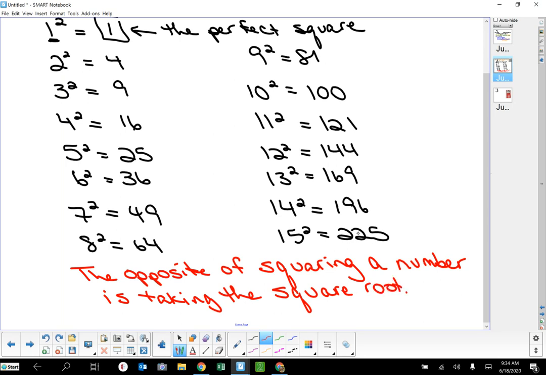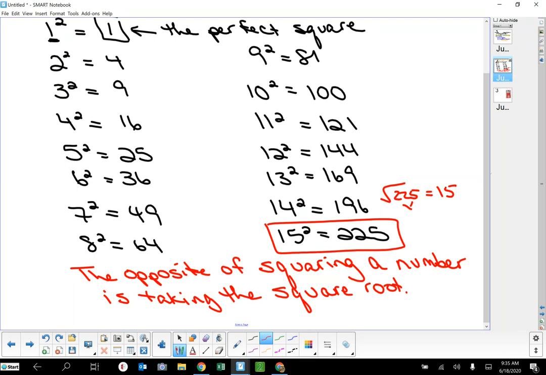Okay, so if we get 225, the square root of 225 is 15, right? Because it means what times itself equals 225. So these are all answers for each other. And if you keep them really handy, some of you have been forced to learn these at some point in time, and that's really handy. I highly recommend you're at least familiar with them so you can go, oh, 121, I know that's something squared. You know, I don't care if you know if it's 11, you can use a calculator.